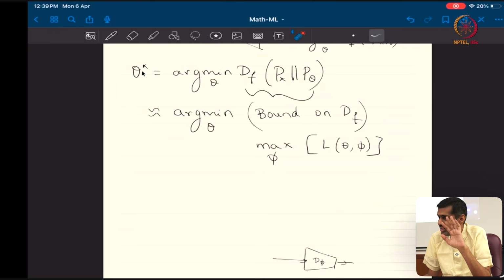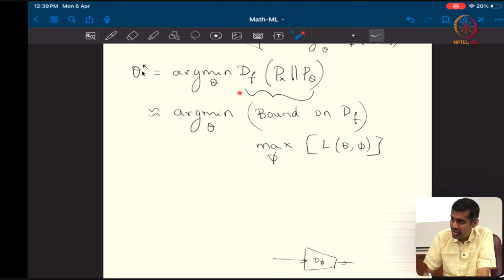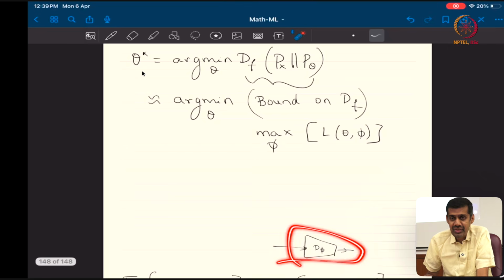Do you see what I am saying? So df is the function that we are trying to optimize, and we cannot optimize that, so we construct a bound on df. This bound on df consists of another optimization problem over another class of functions. Do you understand? These classes of functions are what are approximated using another neural network here.